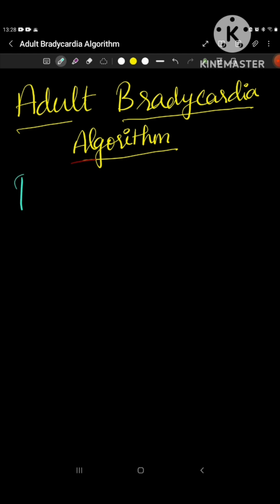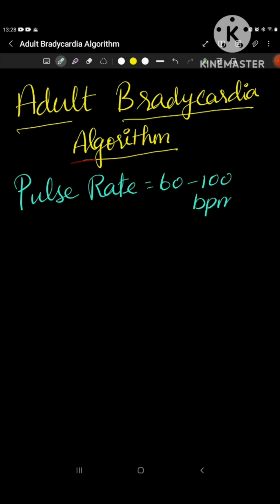The normal pulse rate is 60 to 100 beats per minute, and the American Heart Association guidelines, recently updated, say that even at 60, or 50 to 60, we can just leave it.